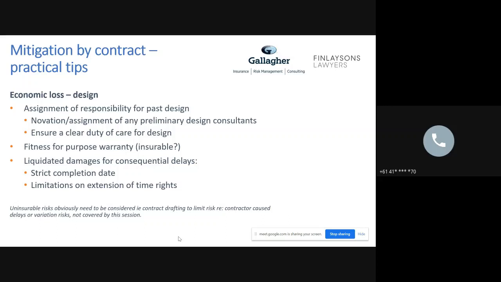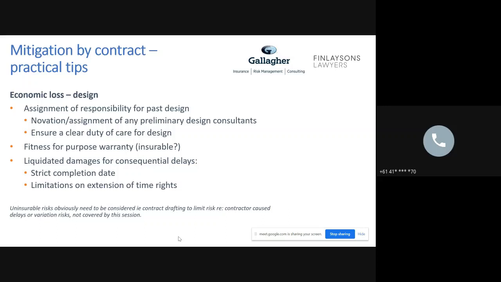And in any event, regardless, to make sure that whoever has design responsibility is providing some type of warranty to the extent possible that what they are designing is going to work, and that then you're covered for that, and also consider whether or not that might be insurable.